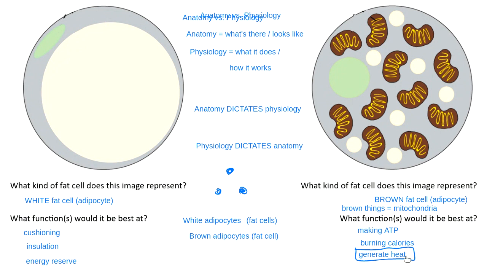When we talk about white fat cell, especially when we're relating its anatomy to its physiology, with these white fat cells, their anatomy most shows me that they're storing energy for me. The reason I say that their anatomy most shows me that is this whole thing right here.